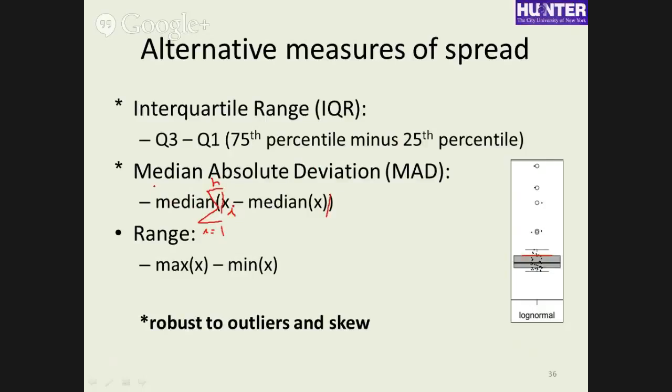I believe this should also be divided by n, because it's an average. We're not going to use MAD in this course, but I just want you to be aware of it as a robust alternative to standard deviation.